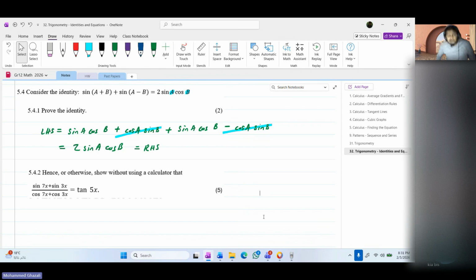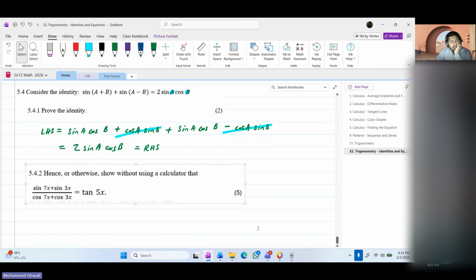How? Sure, we need to think about this. Hence, because they said hence, we must use the above thing. Tan 5x.